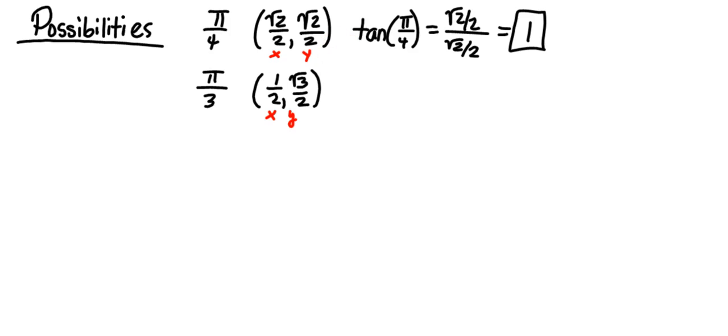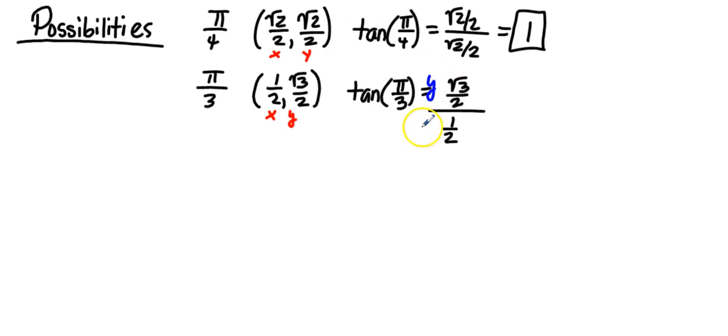So once again, considering the tangent at that point, tangent of pi over 3 would be y divided by x, so that's root 3 over 2 divided by 1/2.